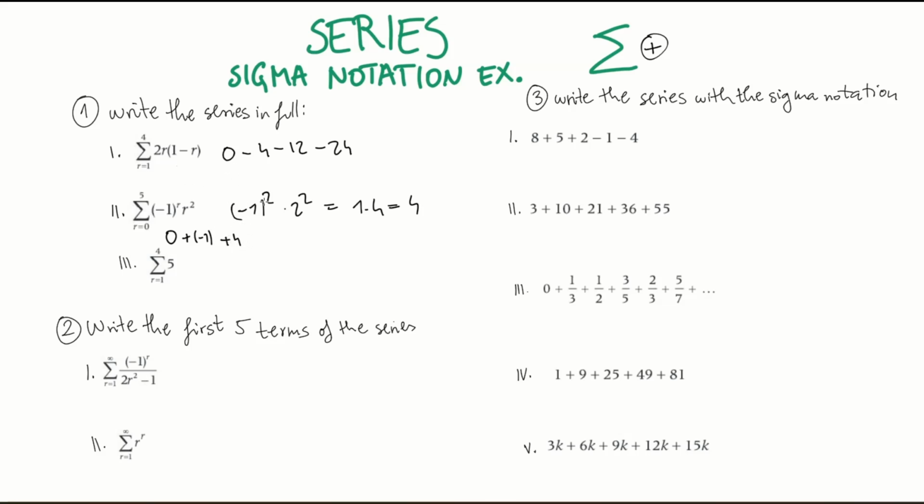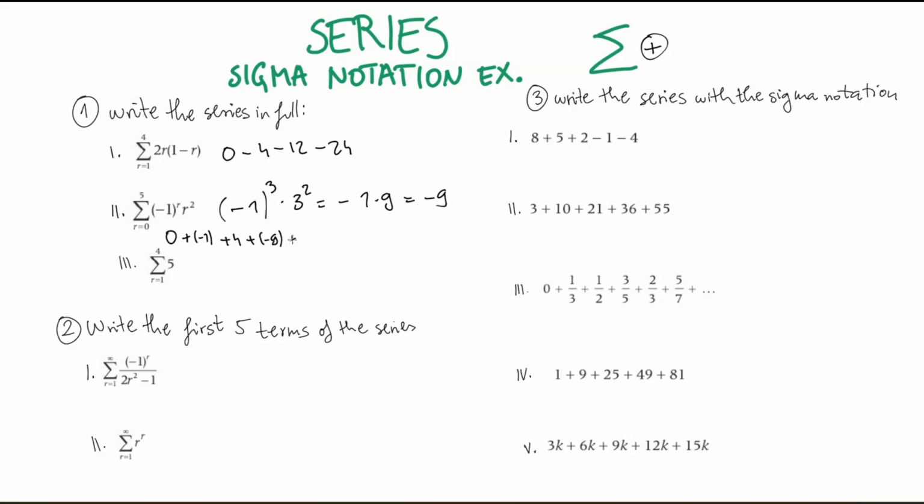Our fourth term is minus 1 to the power of 3 times 3 squared, which is minus 1 times 9, and that's minus 9.